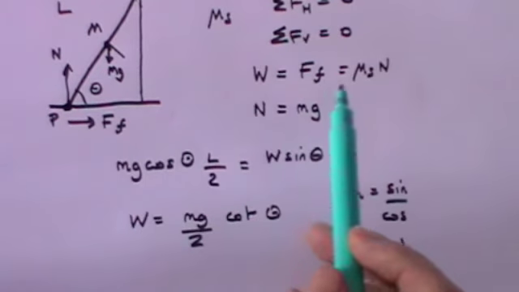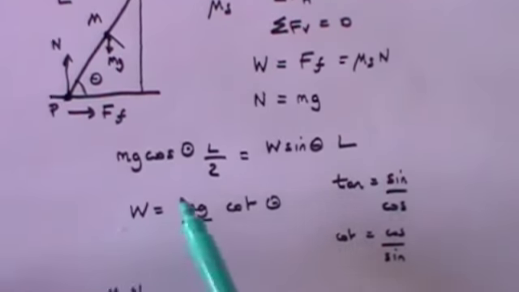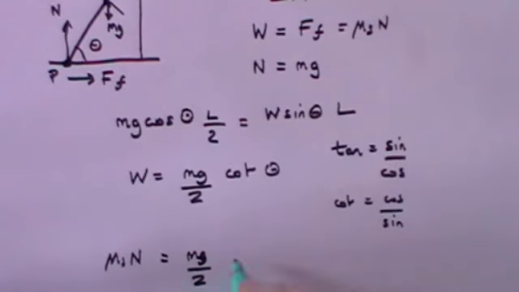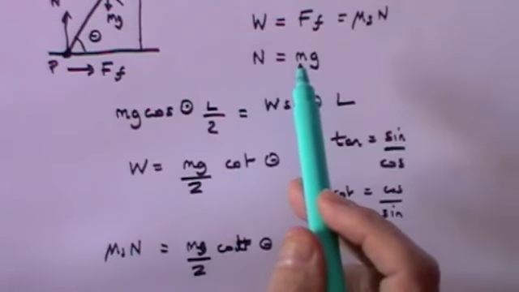So for W we can have μs, which is the static coefficient of friction, μs times N is W, and that equals mg over 2 cotangent of theta. But N is mg.